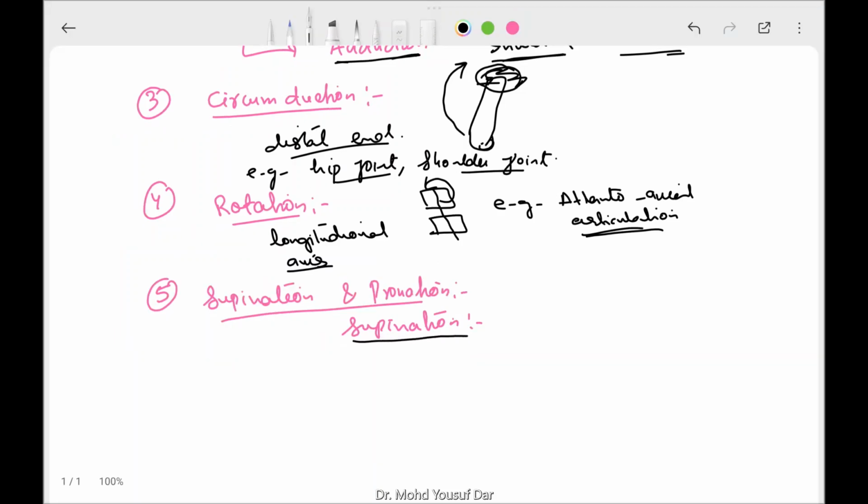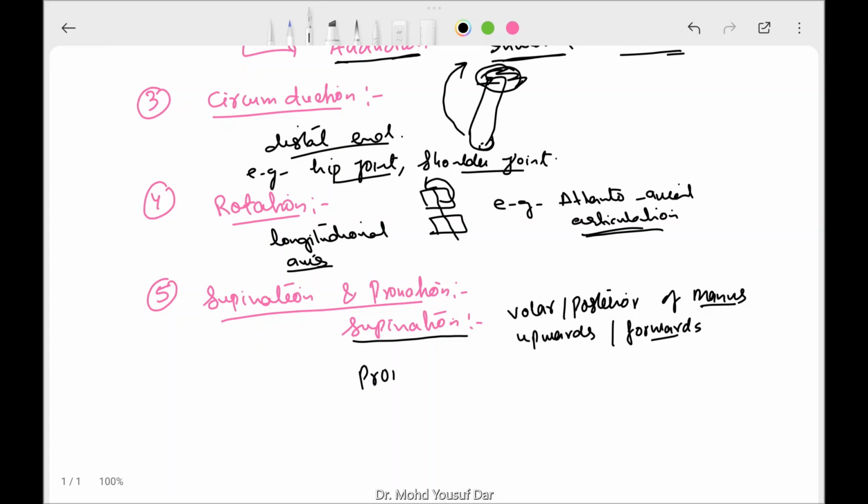So in supination, when the volar or the posterior surface of the manus turns upwards or forwards, that type of movement is known as supination.